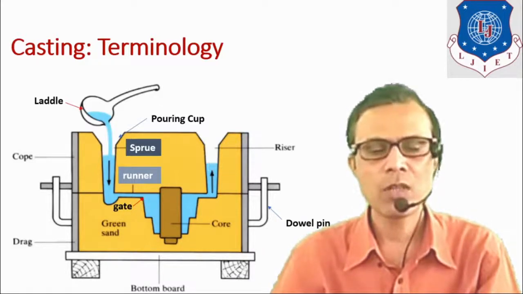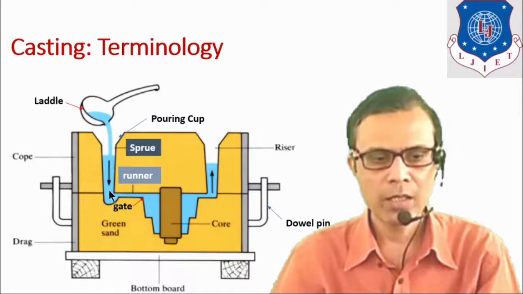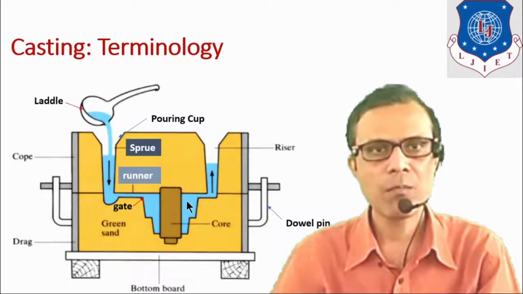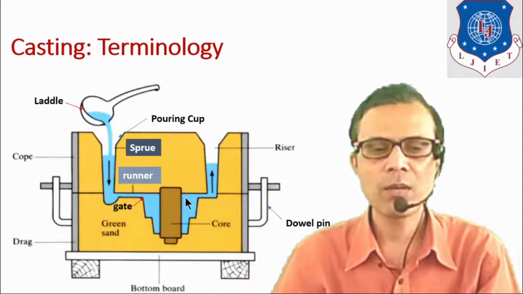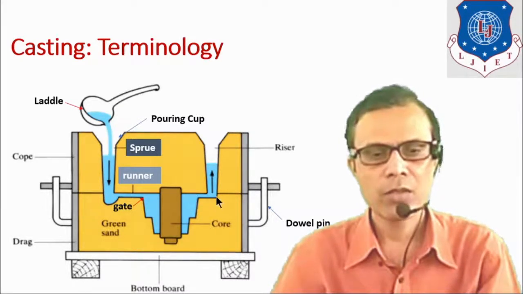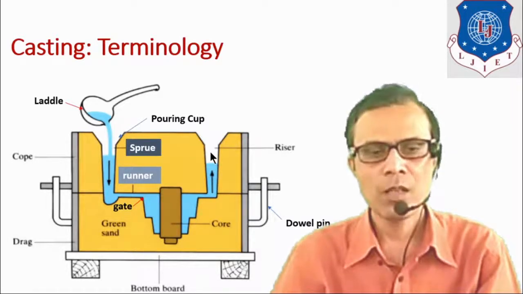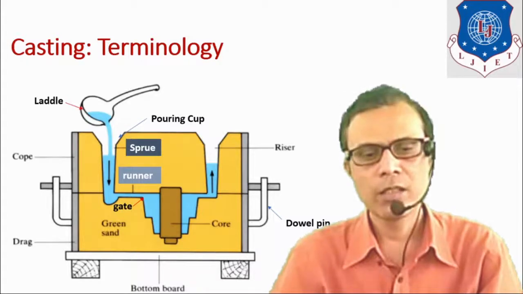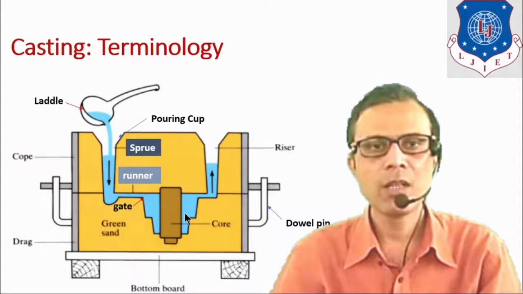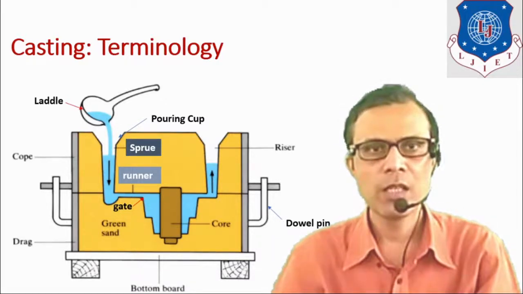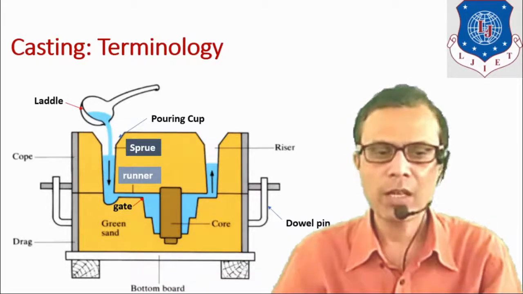As molten metal is flowing in this direction through this passage, when this cavity fills completely with the molten metal, it will try to come up through this riser part. So we can notice that the cavity is filled up completely. So these are the terminology which is related to the casting.